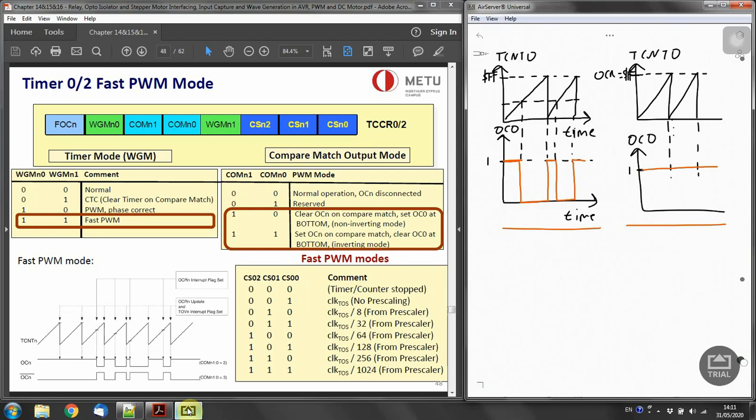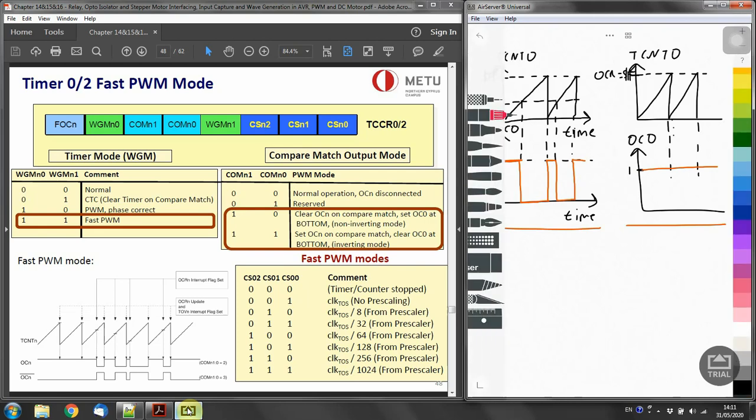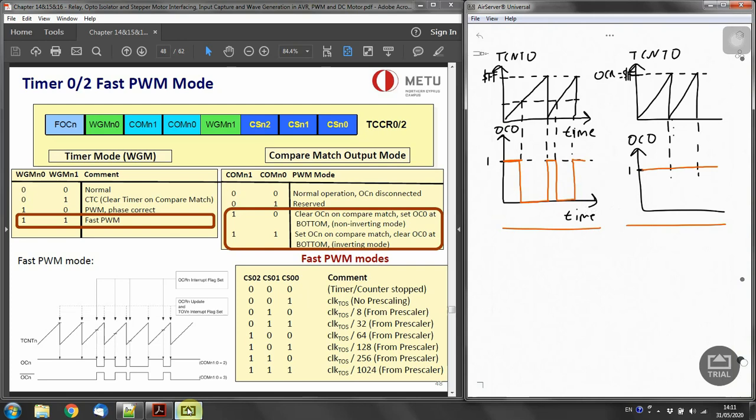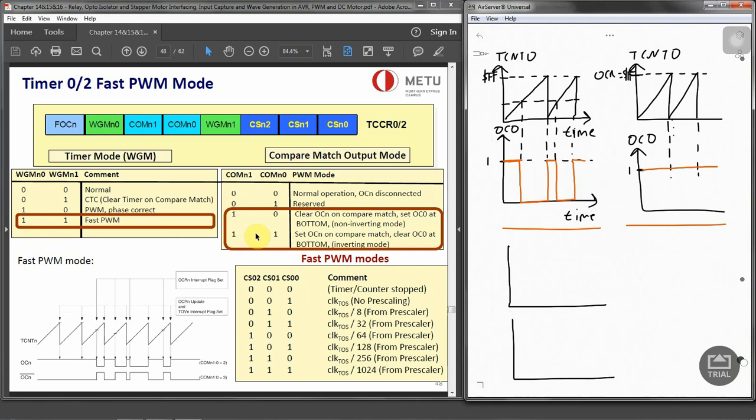We can also have an inverted version of this, where we need to configure the COM pins to be 1-1. In these cases, it is actually the inverted version of the above diagrams. So once again, we have got FF, and we have got an OCR value somewhere here. Now it goes up, down, up, down. Over time, we have got logic 1.